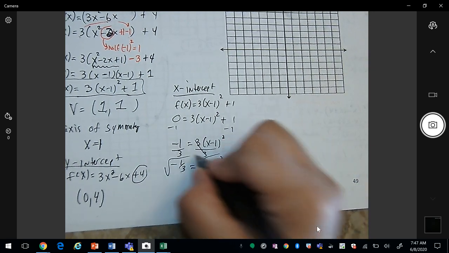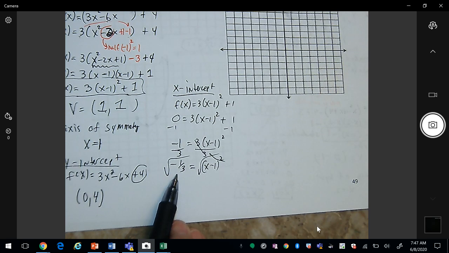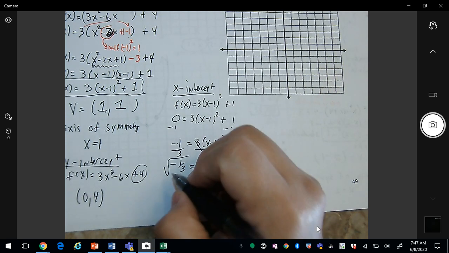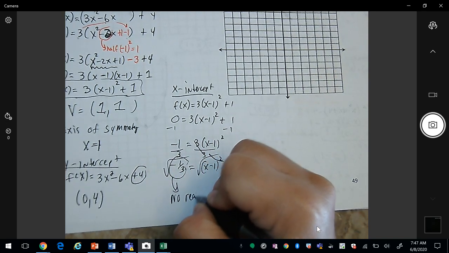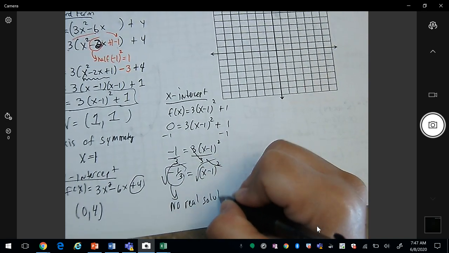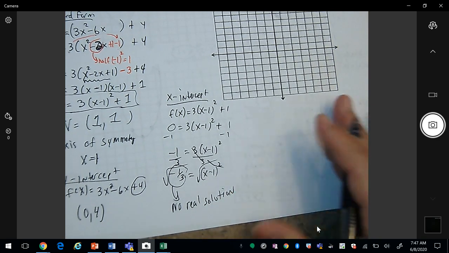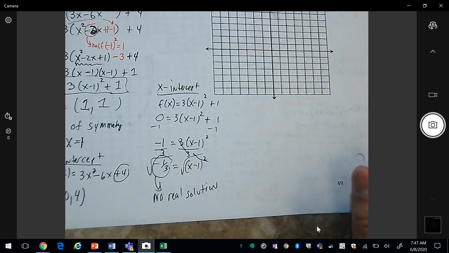Take the square root. Here, since we have a negative square root, there is no real solution. There is a solution, but it's imaginary. So for now, we just write no real solution.